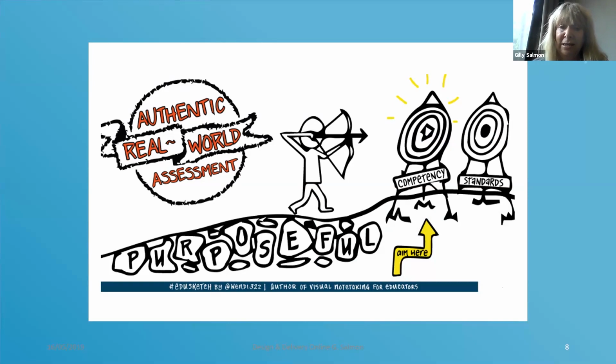You really do need to think about the end in mind and think about not only the standards, but a real world assessment that will be meaningful to the students and also meaningful to a future employer. So we're thinking not only of their contribution to the future of the world through their employment, but also their personal career. And we really need them to leave our educational institutions with confidence that they have learned things that will help them with that.